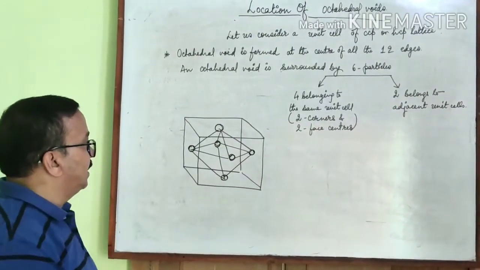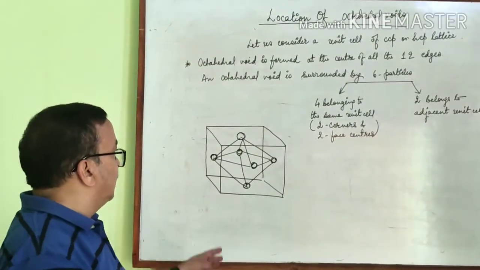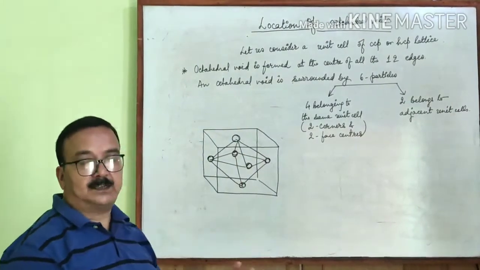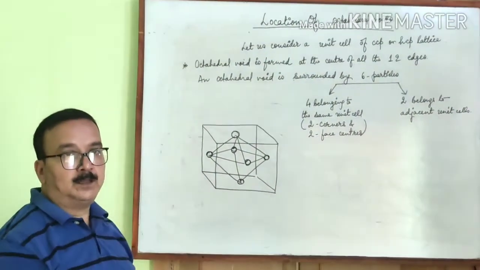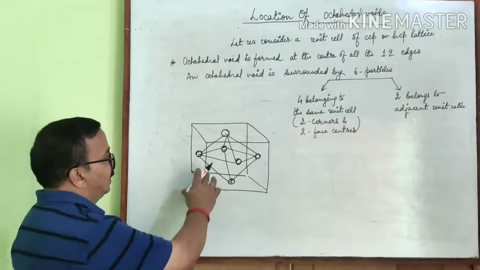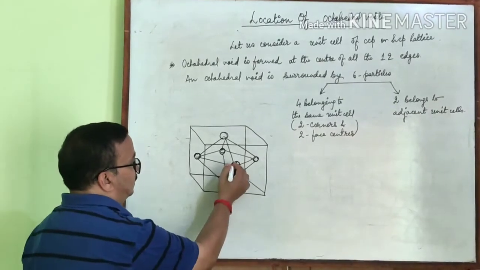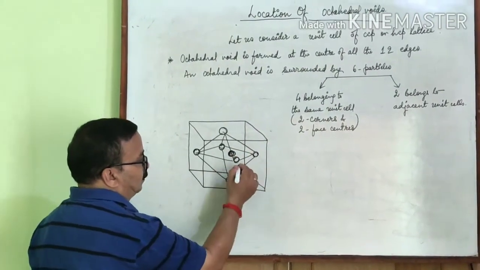Now if we combine this one, then we observe that an octahedral structure is formed. Here 6 spheres are present at the center of the 6 faces, and if we join them, then we find that here an octahedral void is formed, the center of which lies at the center of the unit cell.